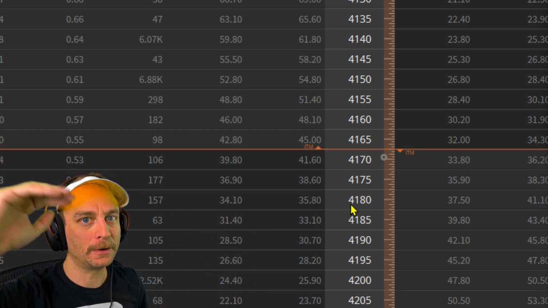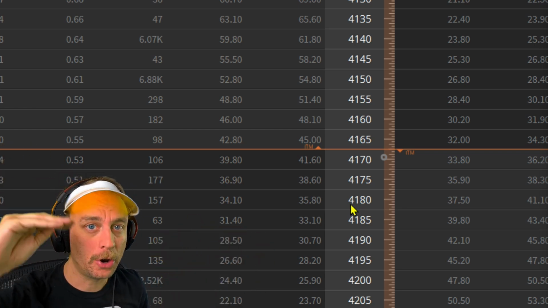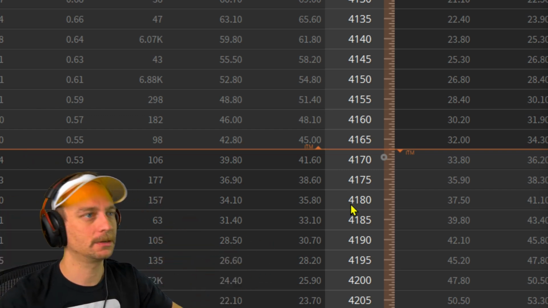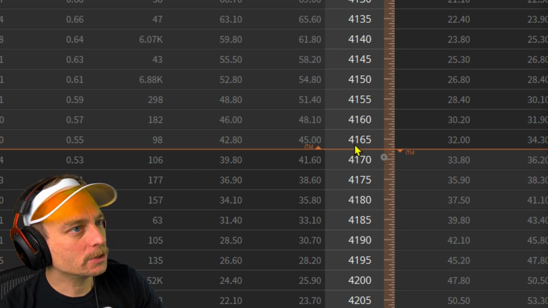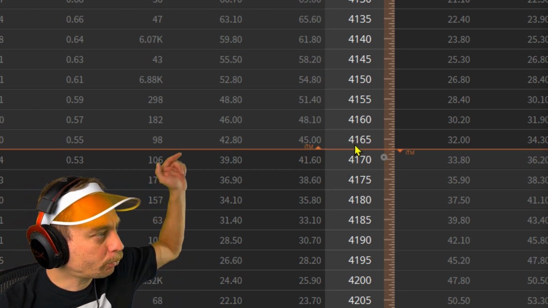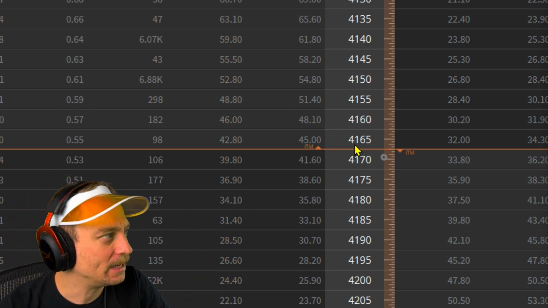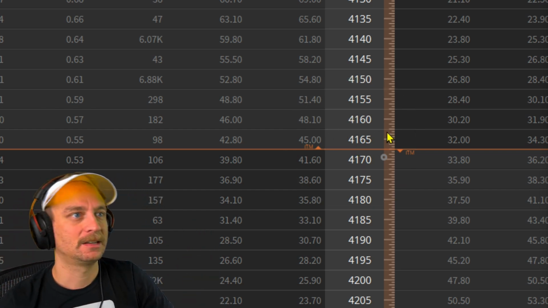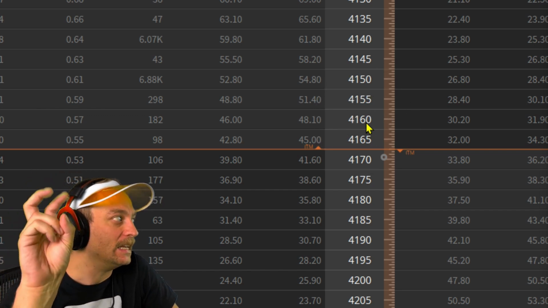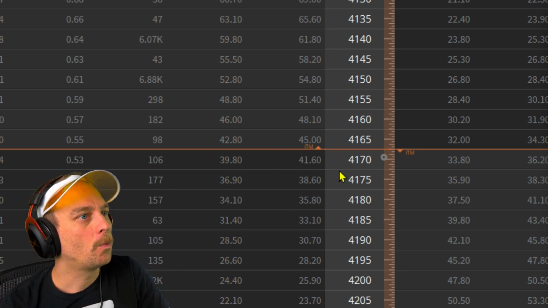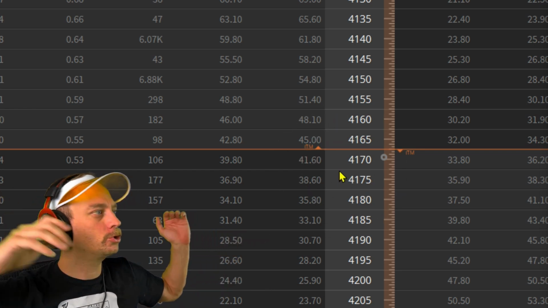Those are all different products, and they all have their own different depths of market, correct? So what you need to do is pretend that each one of these prices is its own product. So 165 right here is ES. 160 is gold. 155 is bonds. 170 is Bitcoin futures, whatever.